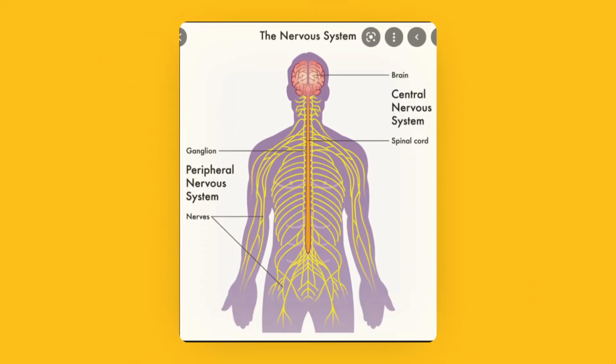The peripheral nervous system can manifest with neuropathies, so either a sensory neuropathy or sensory motor neuropathy with involvement with the peripheral nervous system.